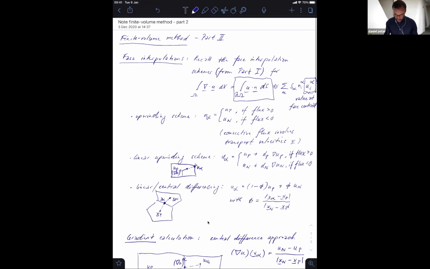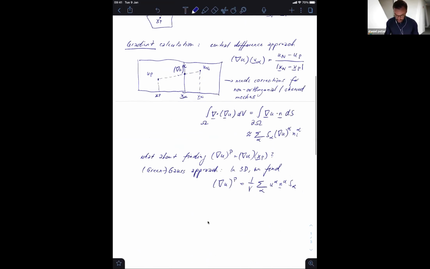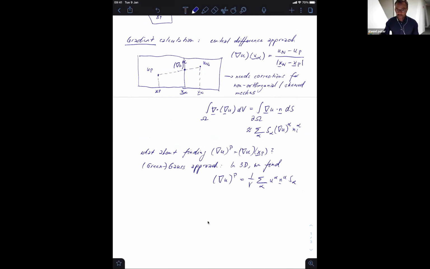So it's pretty much what we had above, but now this is the interpolation for the gradient at P.